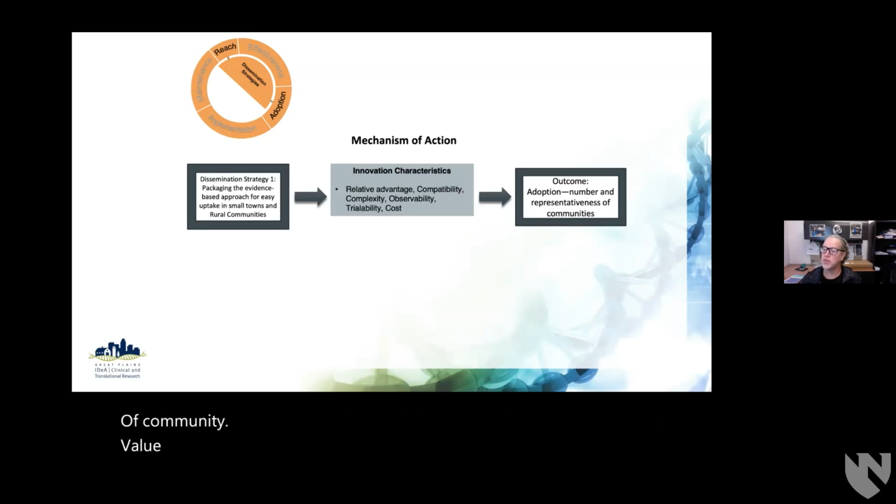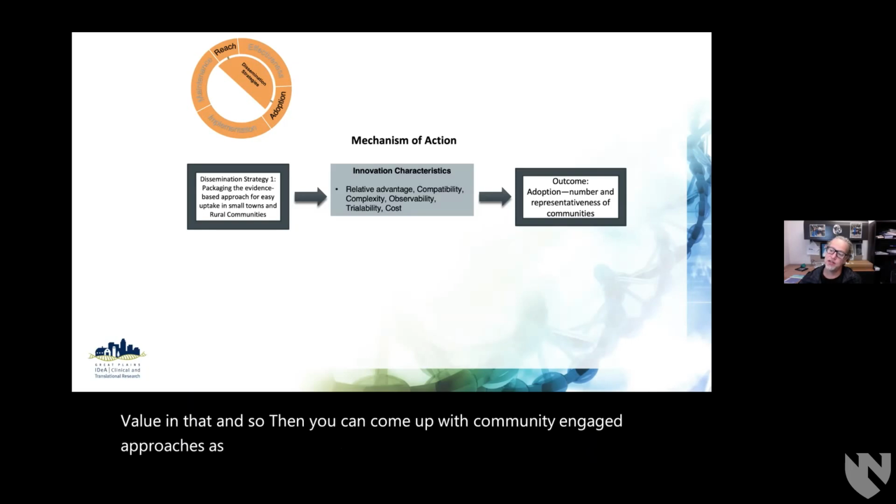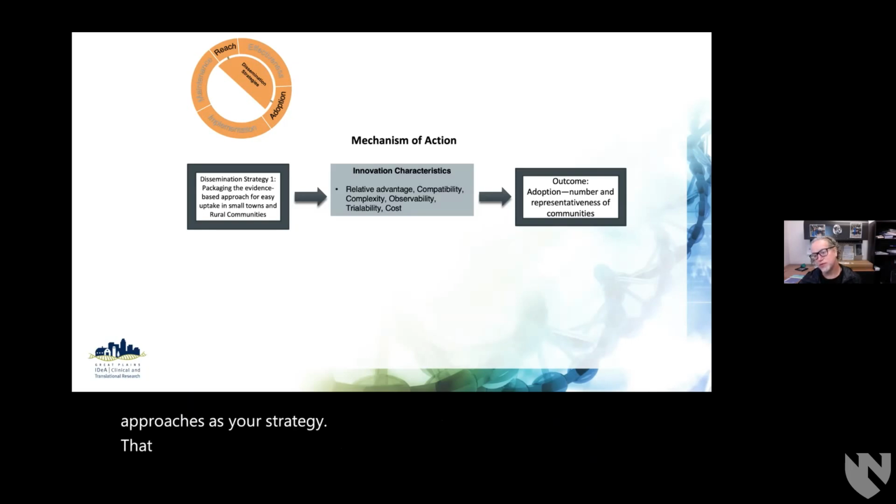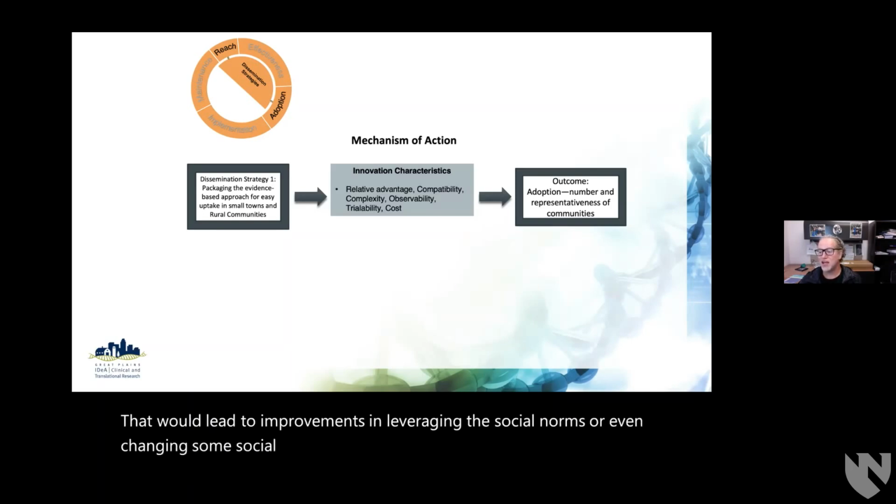And so then you can come up with community engaged approaches as your strategy that would lead to improvements in leveraging the social norms, or even changing some social norms potentially, and identifying what value the community would see in the utility and application of that repository.